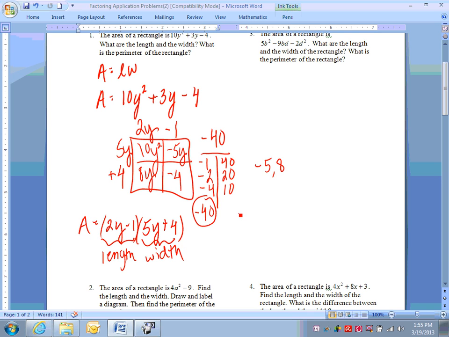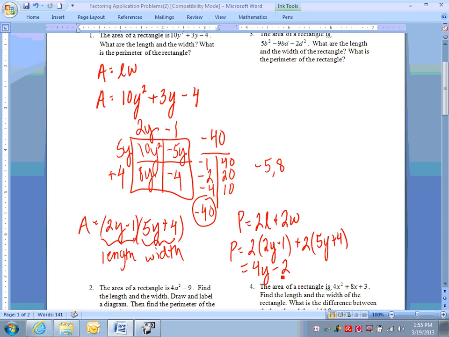So the perimeter of a rectangle, the formula is, someone tell me, 2L plus 2W. And now I just plug in to that formula. The length is 2y minus 1, and the width is 5y plus 4. And I distribute the 2. So that gives me 4y minus 2 plus 10y plus 8.